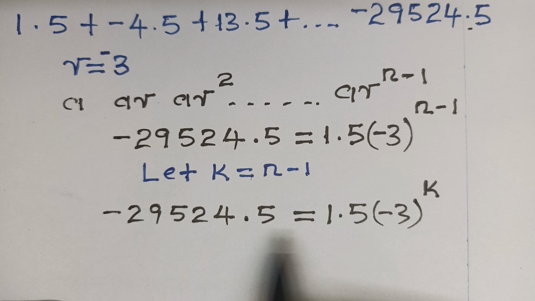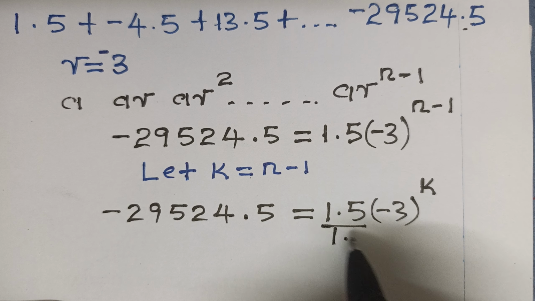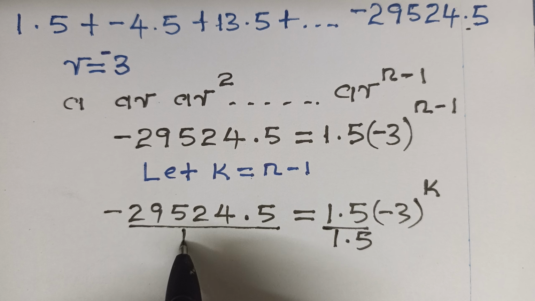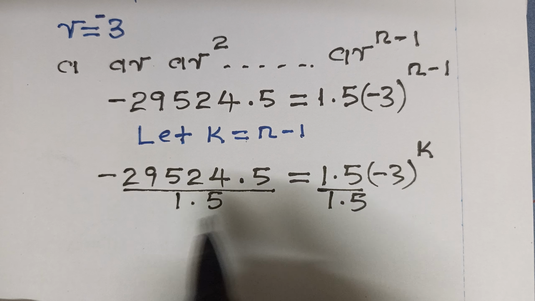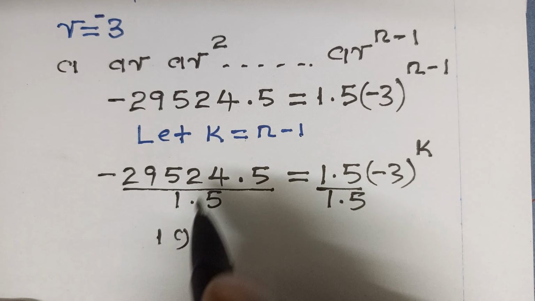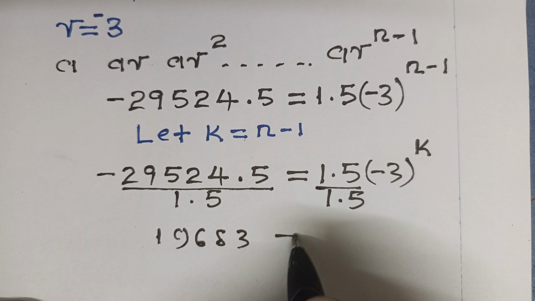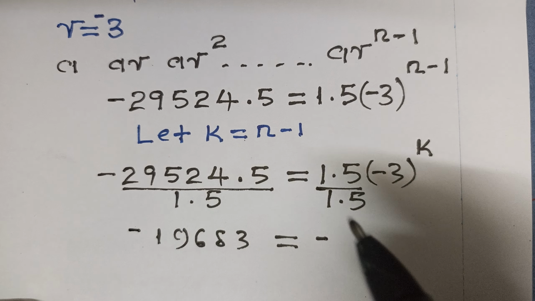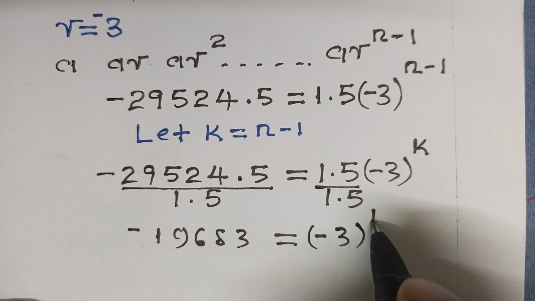So we have the equation. We can now divide every side by 1.5, and also divide this one by 1.5. For that, this side is now going to be 196.83. Now this is equal to negative 3, remember this is negative, raised to k.